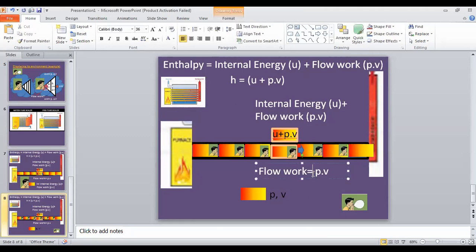Think about this, and flow work is this pressure times the displacing of the surroundings.